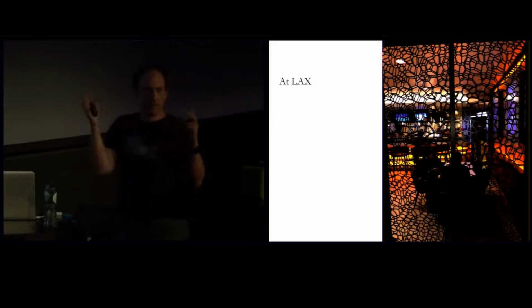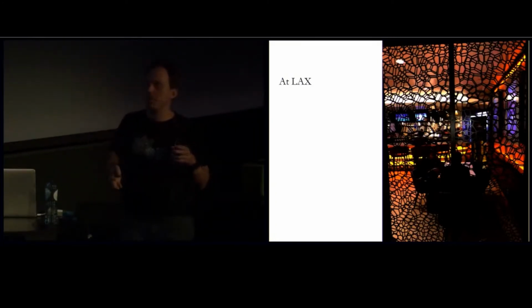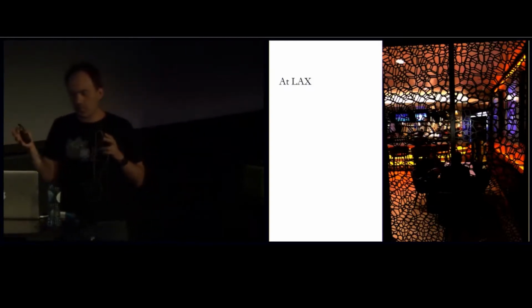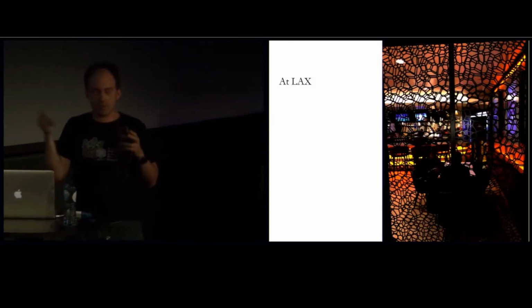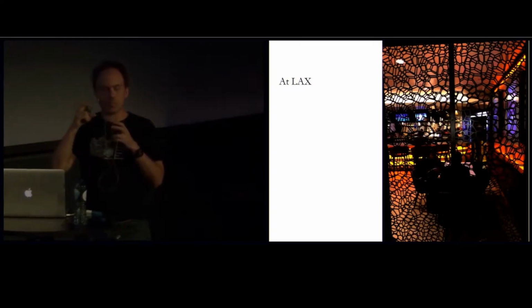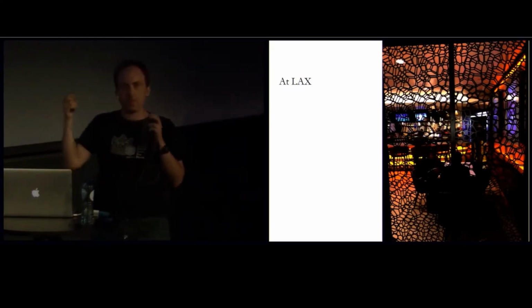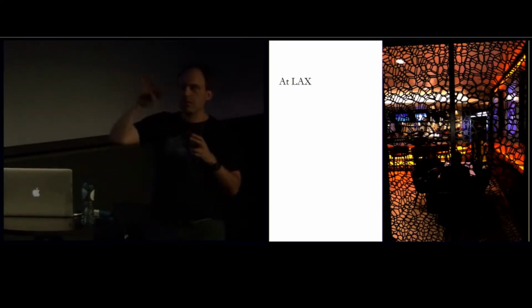A Voronoi tessellation, very briefly, is a set of cells based on a set of generating points, such that each cell is the set of space that's closest to that generating point.